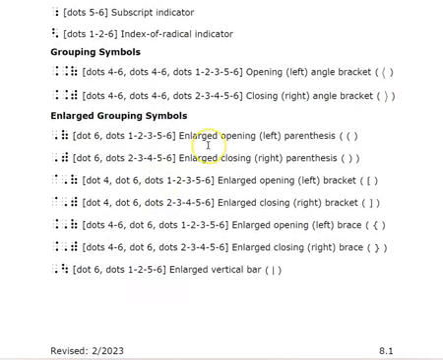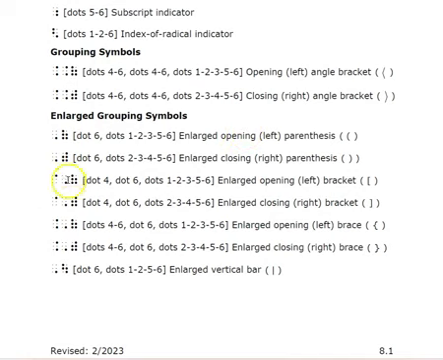We have enlarged grouping symbols. These are all like your other ones, except they have different dots in front of them because they're enlarged. So if you know that of is the left parenthesis, then with is your right parenthesis, then we're going to get all these others, the brackets and the braces, and the fact that they're all enlarged.